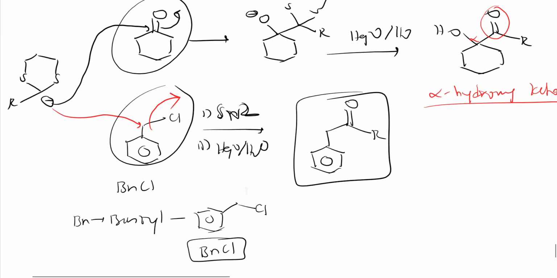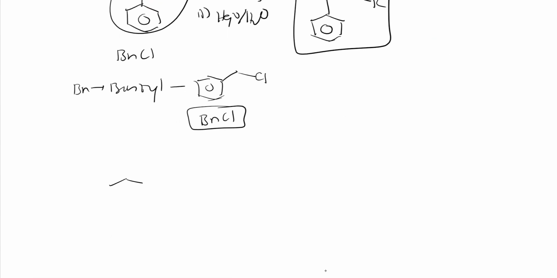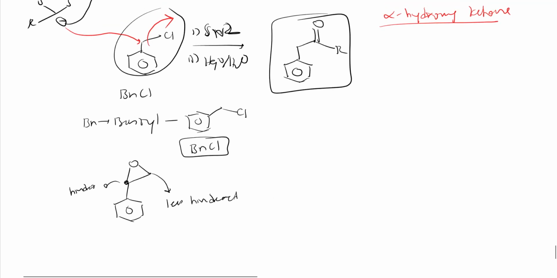Let me take one more example, like epoxide, right? So this is my epoxide. If you see, this carbon is hindered, whereas this carbon is less hindered. So if this nucleophile wants to react, it will react at this less hindered carbon because it has to do SN2.